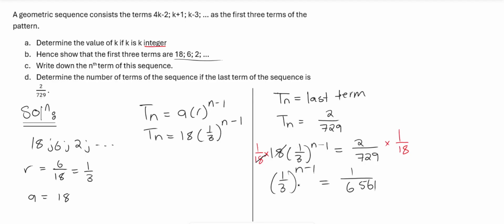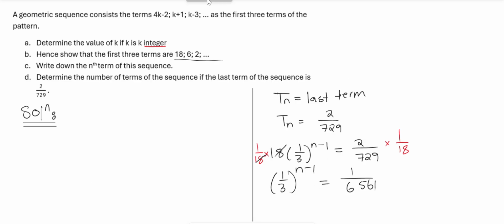When you have this, it simplifies to 1 over 3 to the exponent of 8, and that's equal to 1 over 3 to the exponent of n minus 1.